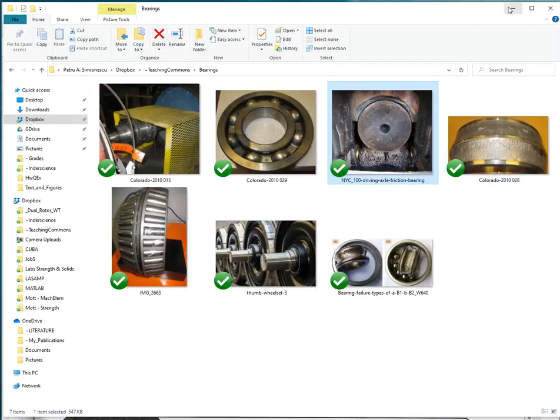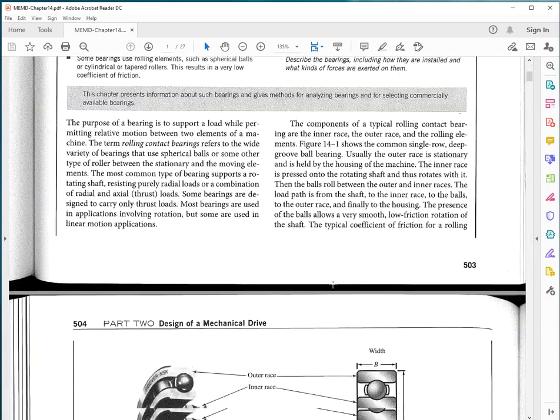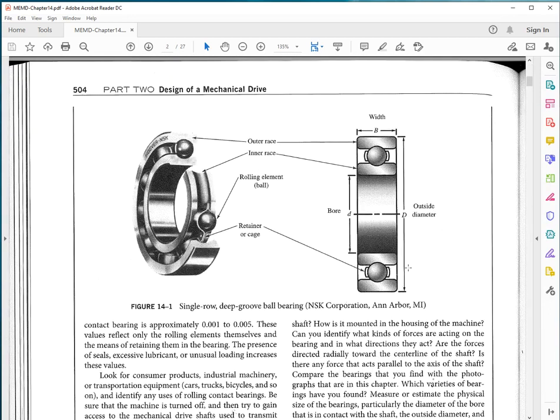Okay, so the chapter presents the various types of bearings, and then calculations, methods of calculating for desired life of the bearings, and criteria of selecting them.